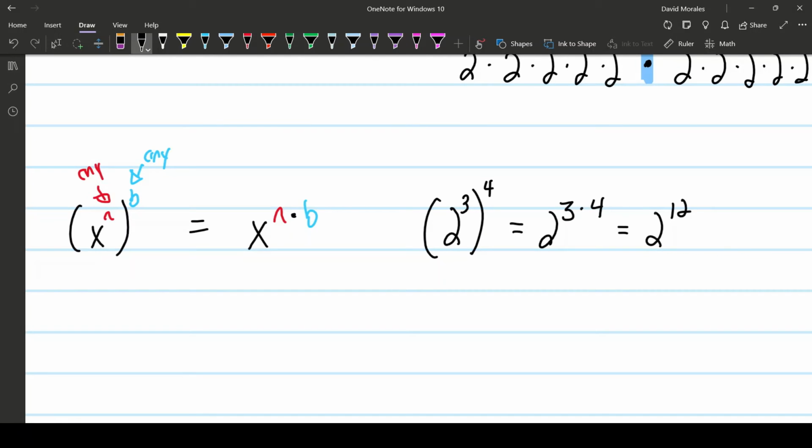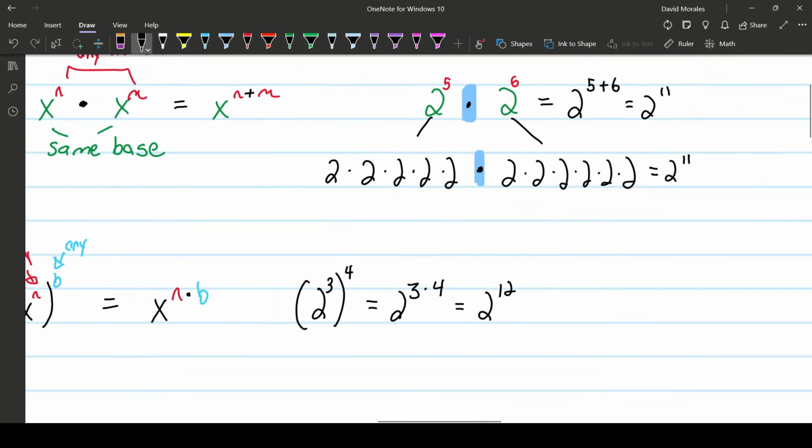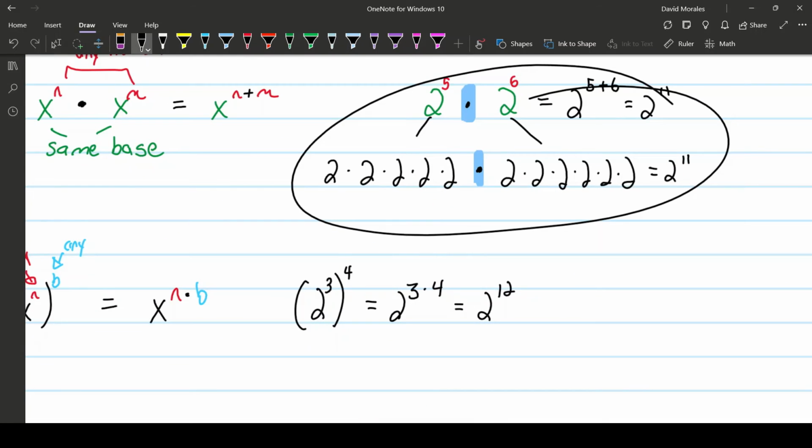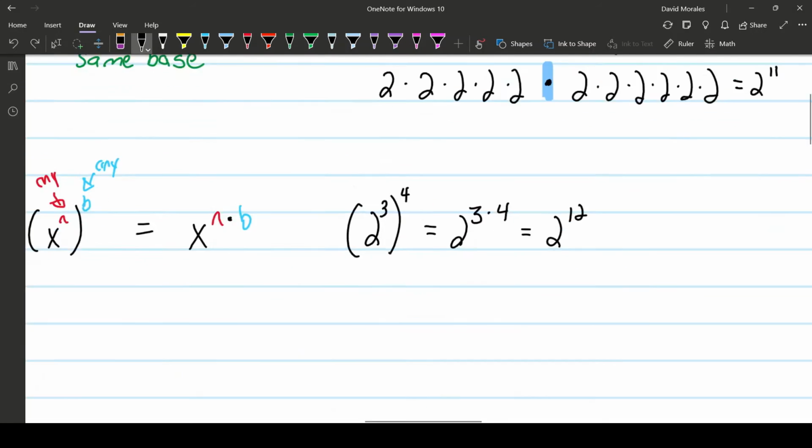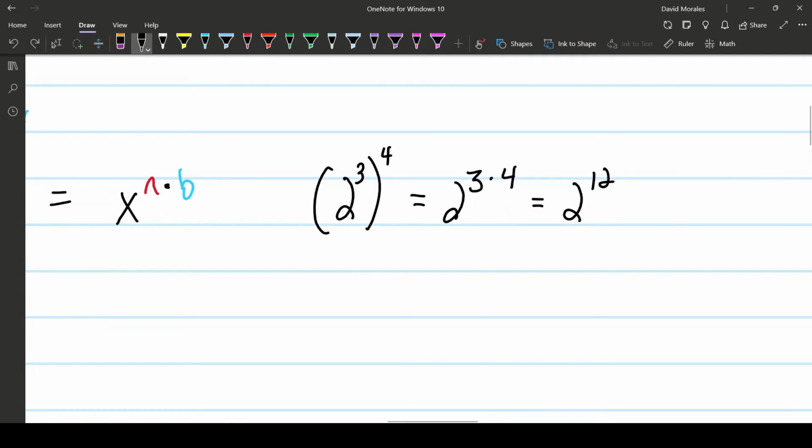Now, how does this work? Well, what is 2 to the third? As we have mentioned earlier, 2 to the third is simply three 2s multiplying each other.